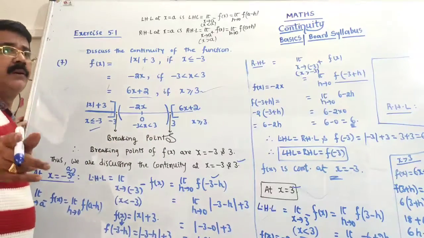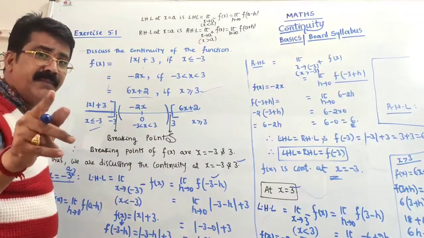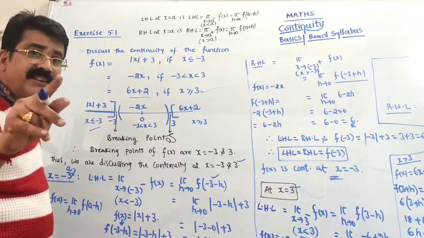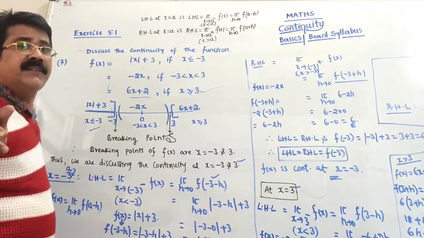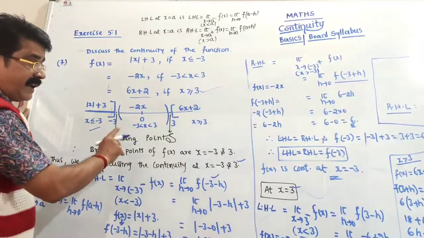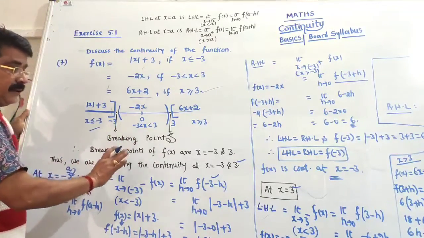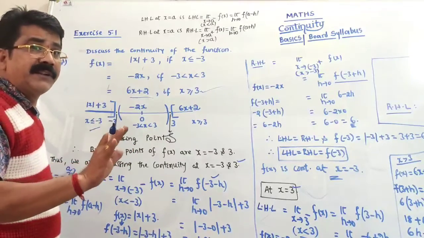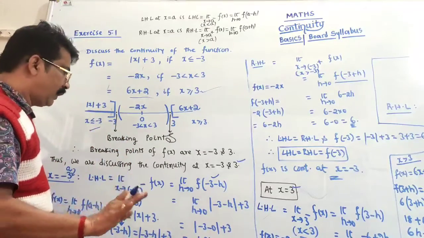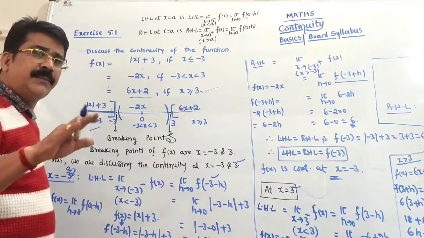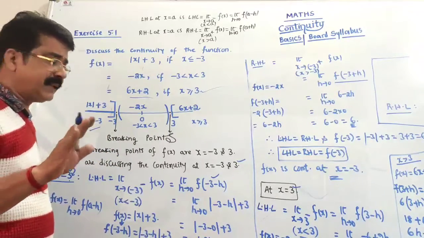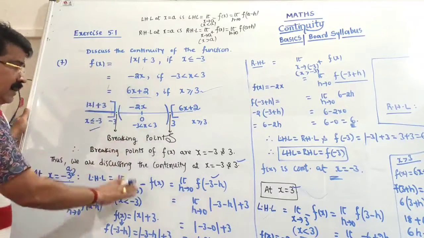Remember once again, at the breaking points only we are discussing the nature of the given function, meaning the continuity, whether it is continuous or discontinuous. At the breaking point we discuss there itself, not at other points if it is not given. If it is given, then particularly at that point we can discuss the continuity of the given function. So this is the procedure.